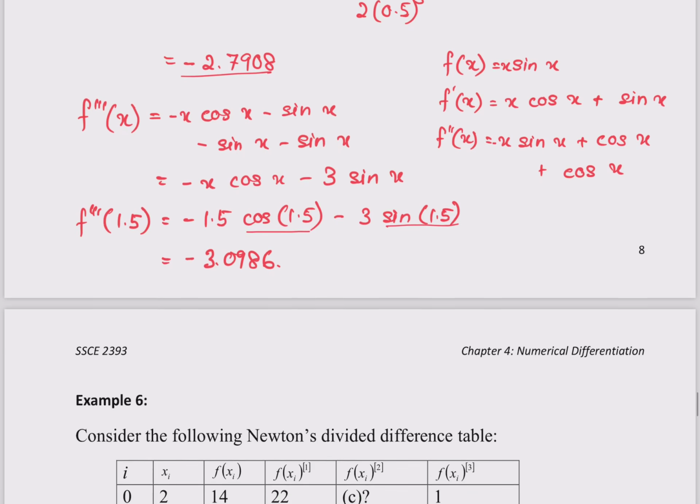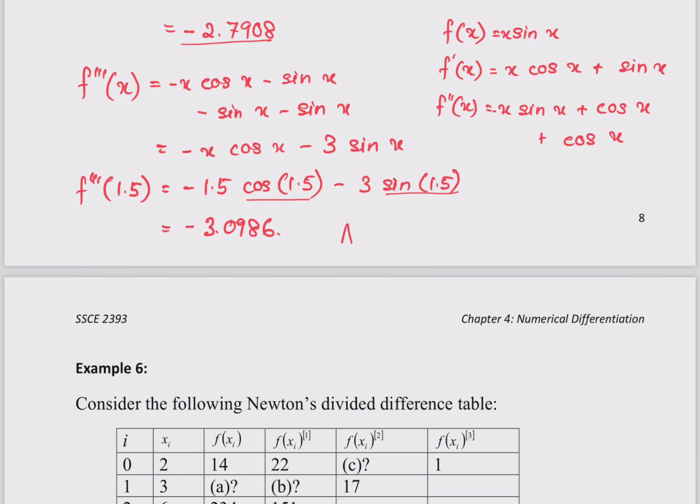So meaning that the absolute error is equal to absolute negative 3.09 minus negative 3.0986.